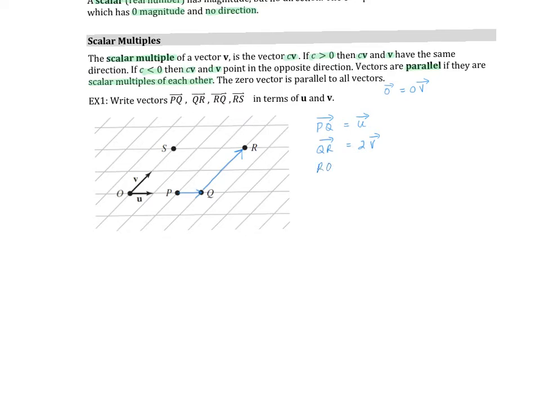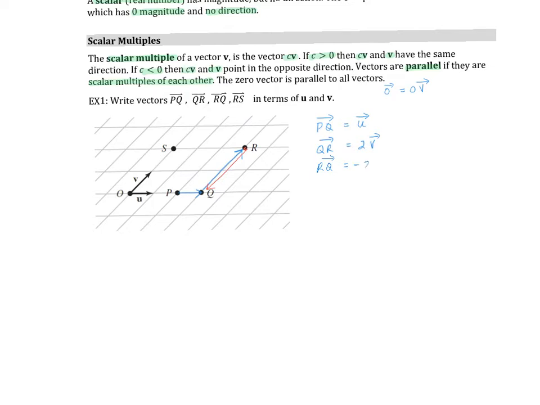But if I were to write RQ, that would mean that I would be going in a different direction. I would be starting at R, and then I would be going in the opposite direction. So opposite direction just means we have to change that scalar to a negative.